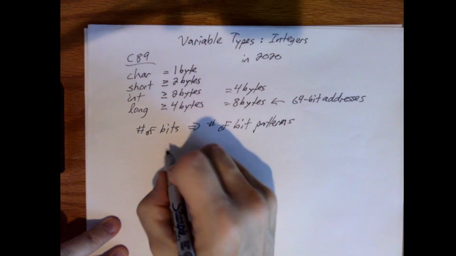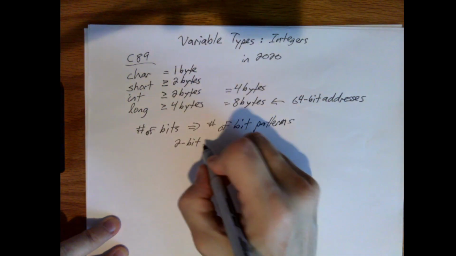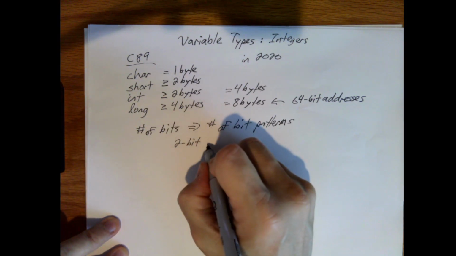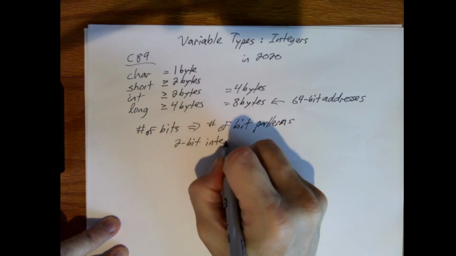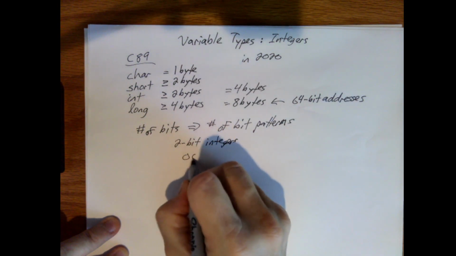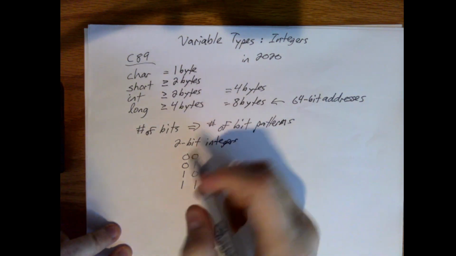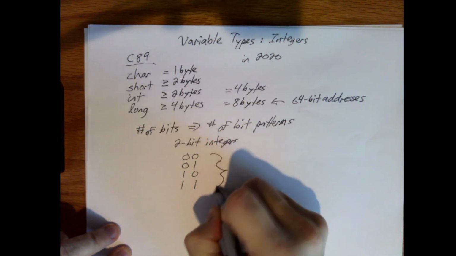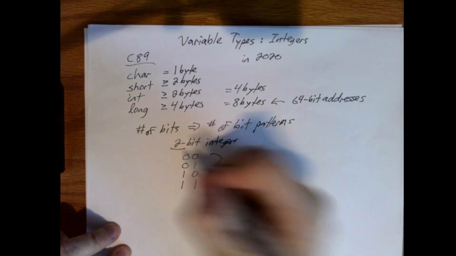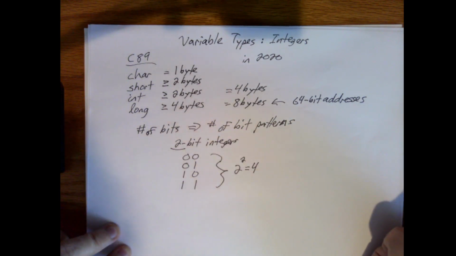So for example, if I have 2-bit numbers, and there is no such thing here, but I'm using something I can write out, 2-bit numbers or integers. Well, then the bit arrangements are 00, 01, 10, and 11. So this right here is 2 squared equals 4 bit arrangements.